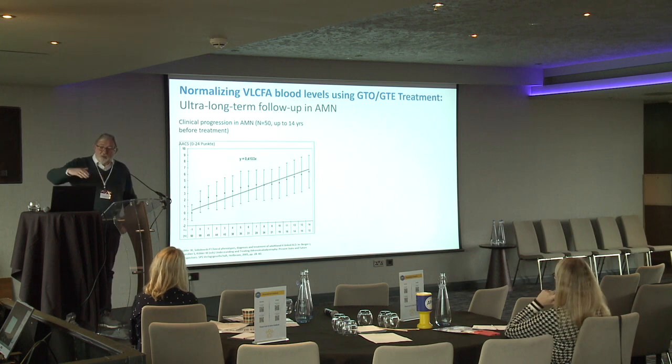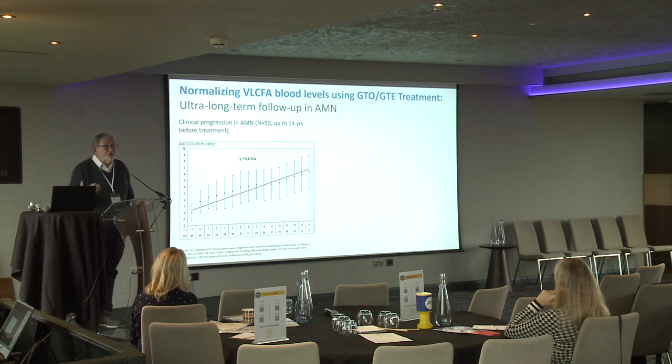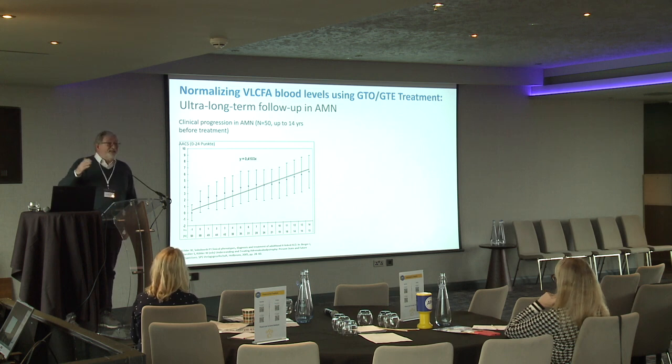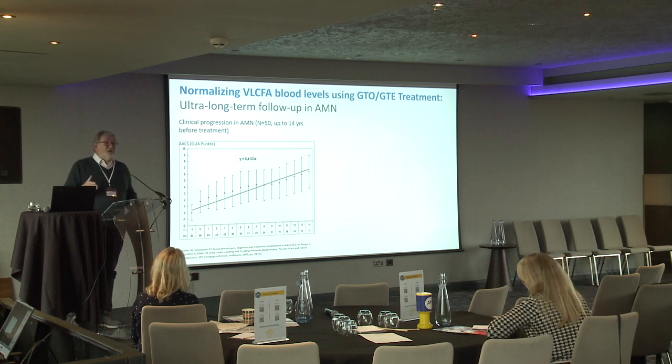We came up with this graph showing that there is a linear progression in the natural history, which you all know, which is measurable with the score, even retrospectively, and you can even quantify this score: there is a mean progression of around 0.5 points per year in a patient with adrenomyeloneuropathy.